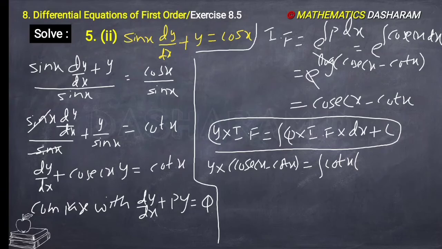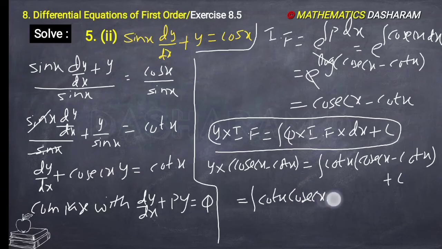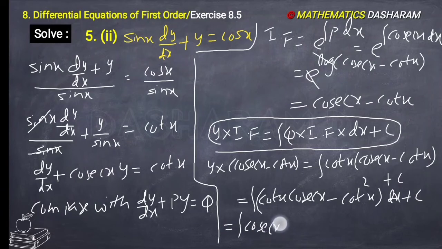So cot x into integrating factor, cosec x minus cot x, plus c. So it is equals to integration cot x multiplying inside: cot x into cosec x minus cot square x dx plus c. So now apply the integration for each term separately. Integration of cosec x into cot x dx minus integration cot square x dx plus c.